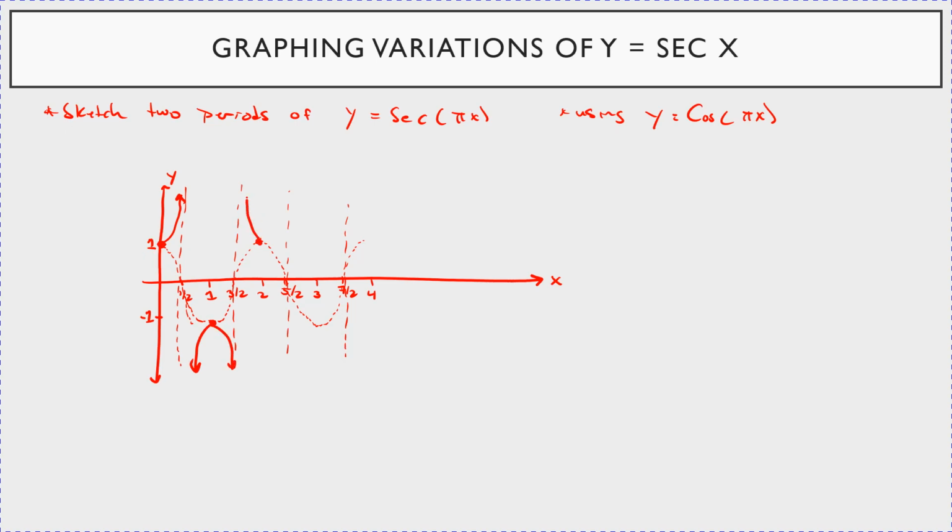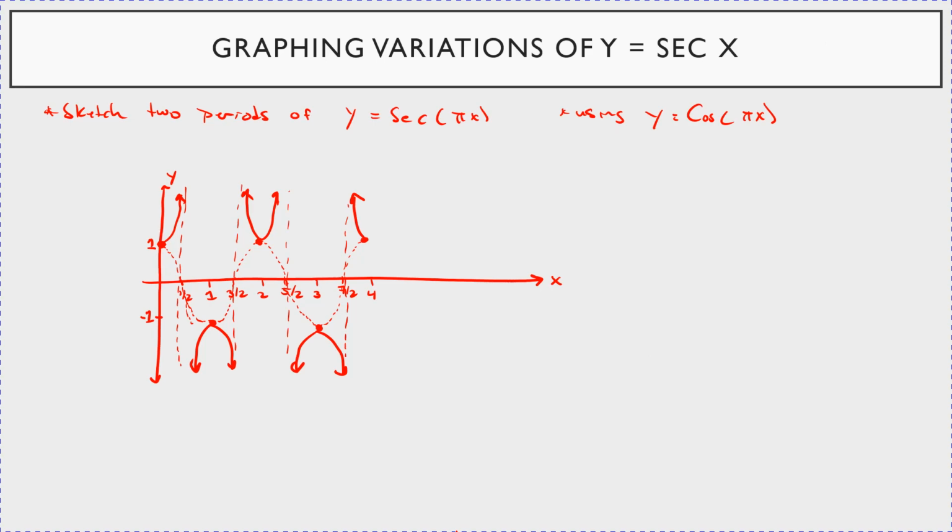High point above both asymptotes. Low point like this, and then whoosh, half one up like that. And we got it. If you want, you can extend either direction to make it look nicer, but here, this is just 2 periods. We've got it perfectly.